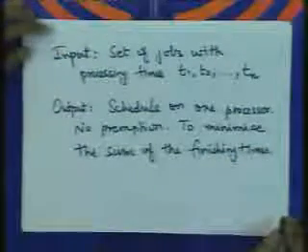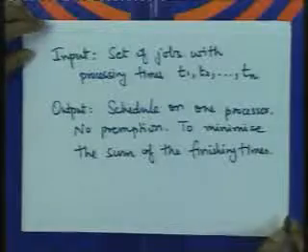Okay, so what do I mean by this? In fact, what do I mean by schedule? Schedule means I have to tell you in which order you put these jobs onto the processor. Supposing I put them in order T1, T2, T3 up to Tn. This is the order in which I schedule them onto the processor. The finishing time of the first job is T1, right? The finishing time of the second job is T1 plus T2.